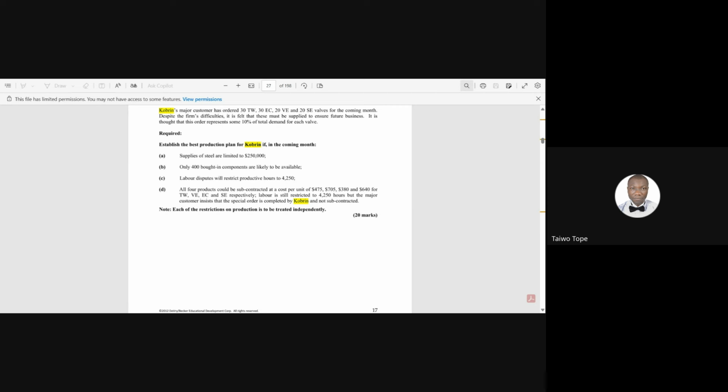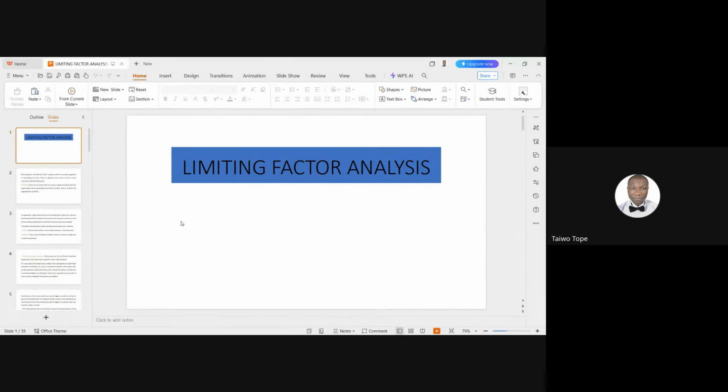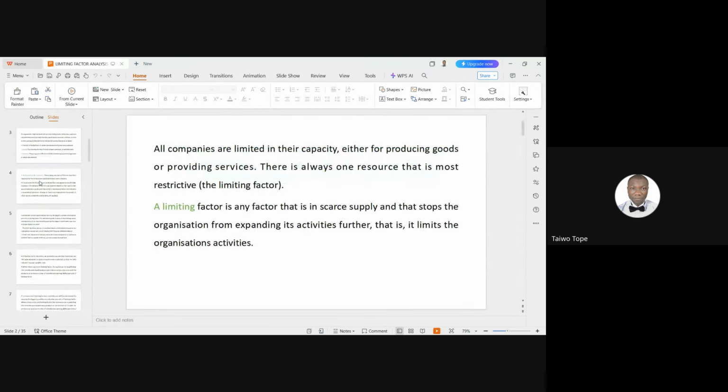So I'm going to go to my solution page now to be able to solve this. With this explanation, it won't take much time to solve this.